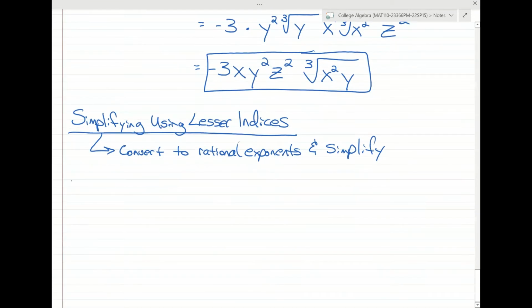What I mean is, if you had the 12th root of 2 to the third.